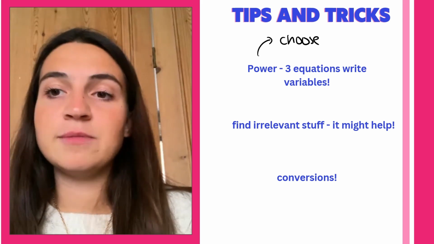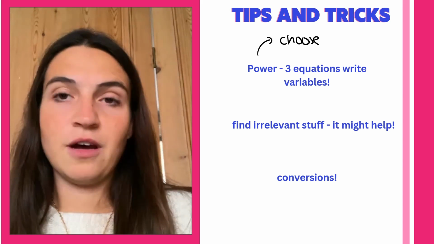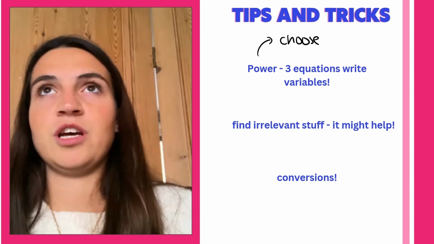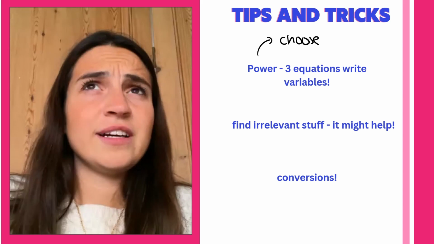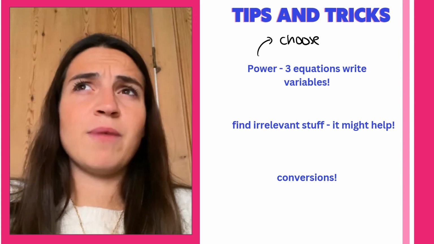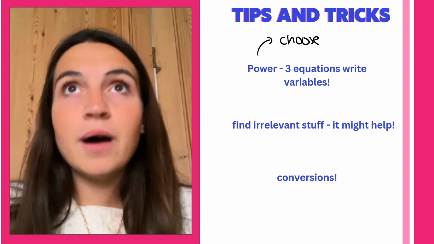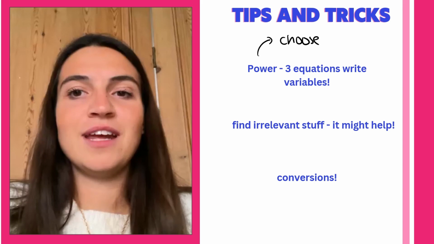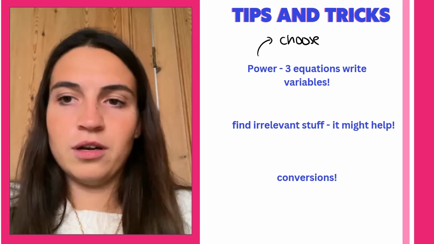It kind of leads me on to my next one here, which is find irrelevant stuff, it might help. If you are doing a circuit-based question and you're looking for, let's say, the resistance of something, and you can't find it straight away, but you can find maybe the voltage over something else, just do it. It might then help you to find another piece of information that you need so that you can find the piece of information that you are looking for.